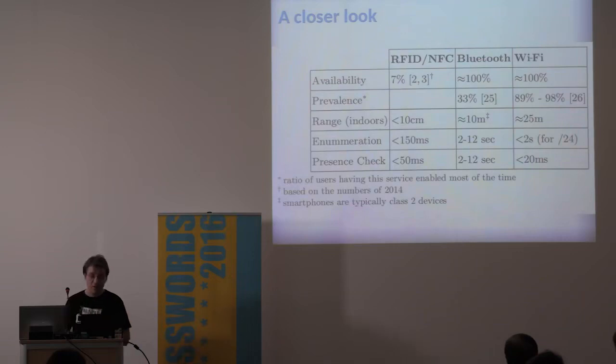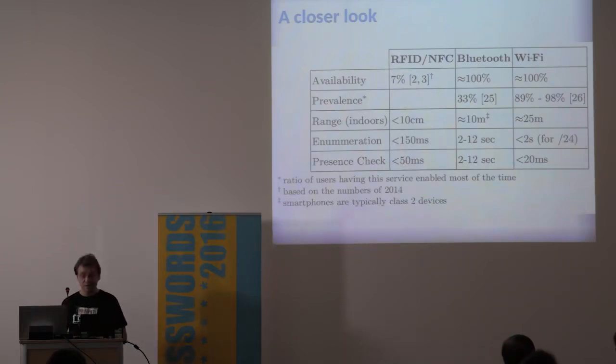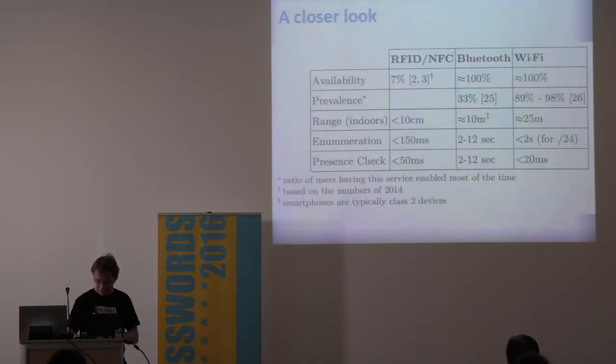We also compare the range. We compare how fast you can enumerate or blind scan your vicinity to find all the devices, and how fast you can make a presence check. So just checking if a specific device is present.